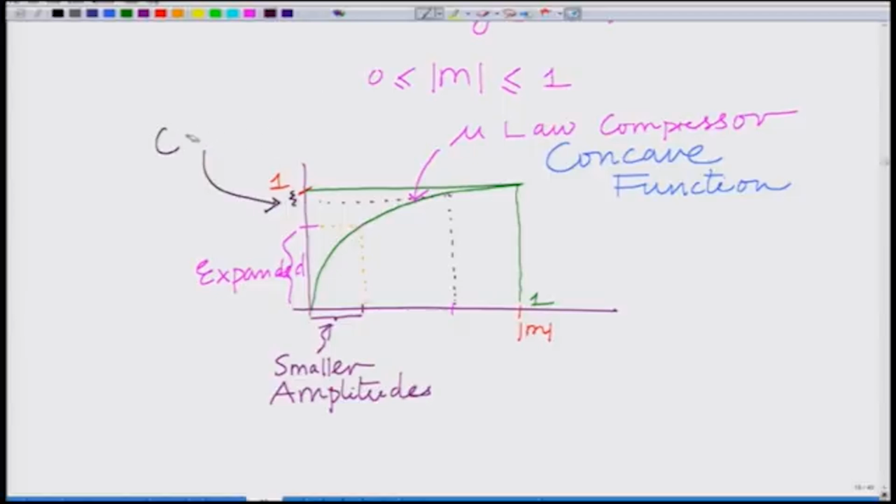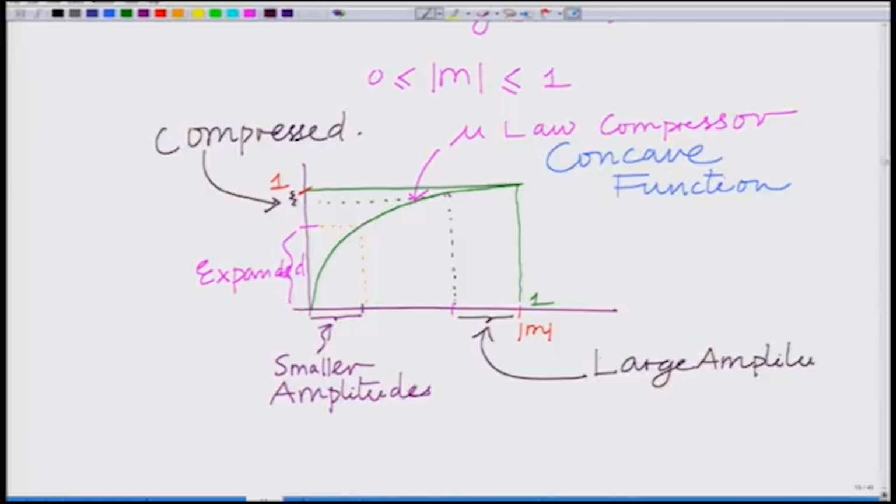This is the large amplitude region. So, this large amplitude region is compressed.